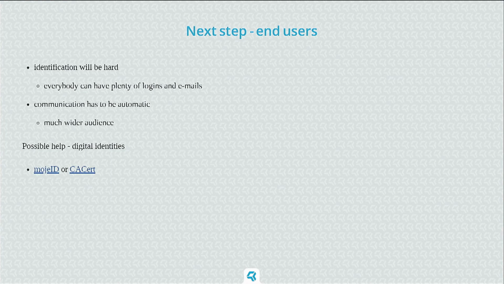So we don't know how to solve this yet, but our current way of thinking is using some well-established identities like MojeID or CAcert, and we hope that with the help of those we will be able to push these servers outside to everybody, and everybody could help us collect data about the bad guys.